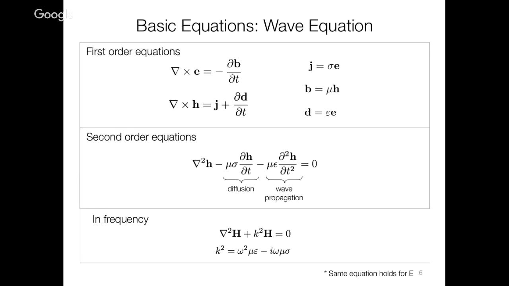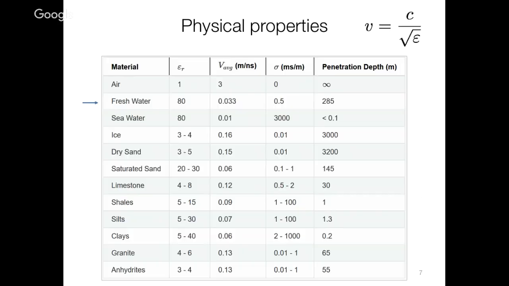We saw this before. We had 2 first-order equations. We can combine them into 1 second-order equation. And importantly, there's this quantity here, which actually is a wave propagation term. And we can generate Helmholtz's equation in frequency domain. The quantity of interest is the electrical permittivity.